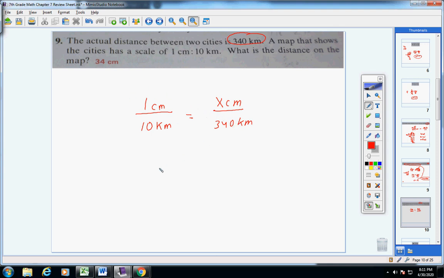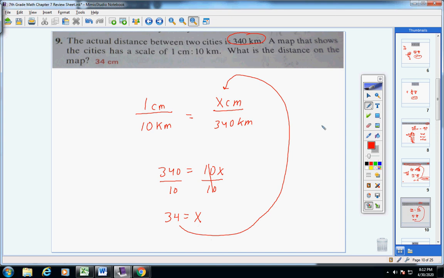Now, let's cross multiply. 1 times 340 is 340. 10 times x is 10x. Let's divide both sides by 10. 10's cancel. 10 goes into 340 34 times. And there we go. So 34 equals x. Pick it up, put it right here. Okay.